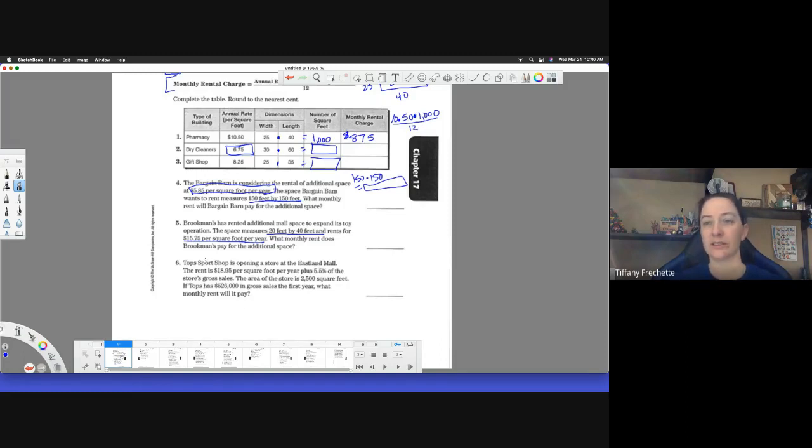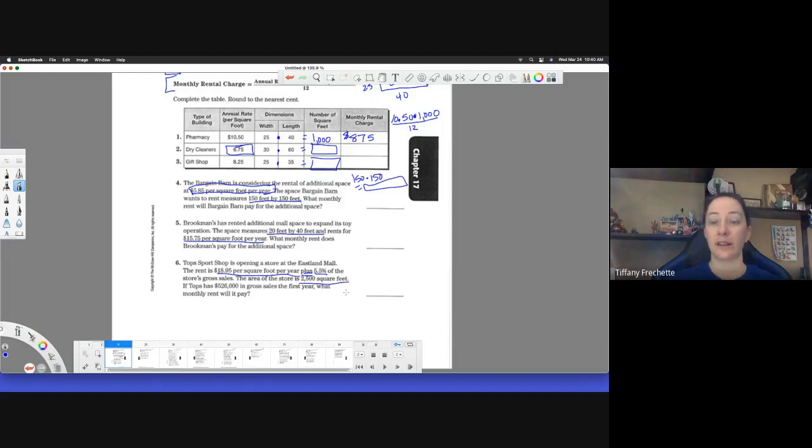All right, let's look at this one because it is a little different. Topps Sports Shop is opening a store at the Eastland Mall. The rent is $8.95 per square foot per year, plus 5% of the store's gross sales. So that's a little different. We haven't had that yet. The area of the store is 2,500 square feet.